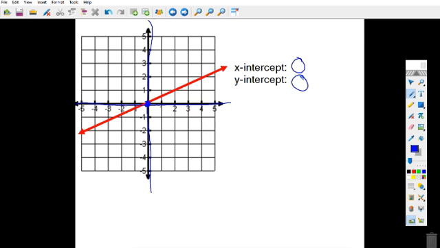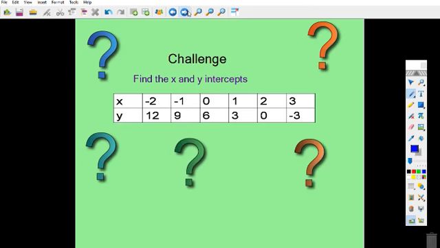Let's move on. Oh, we have a challenge question, okay? So remember, if they give you something like this, your x-intercept and your y-intercept, it's where the other number is 0. So for your x-intercept, you want y to be 0, okay?